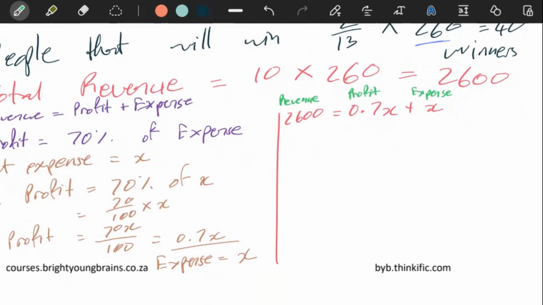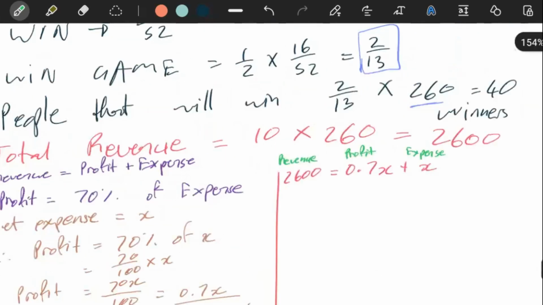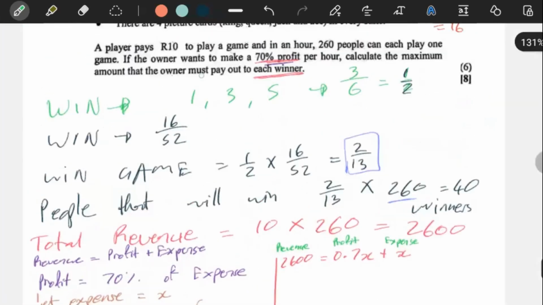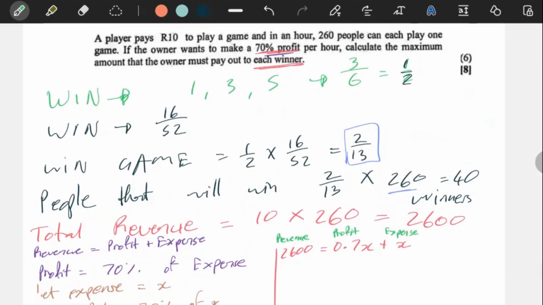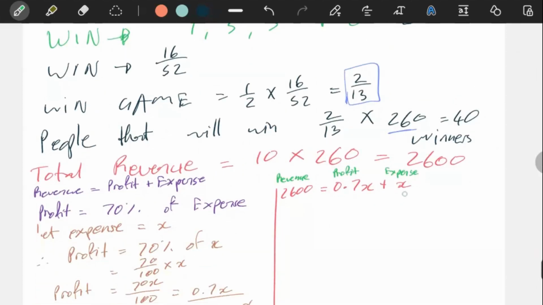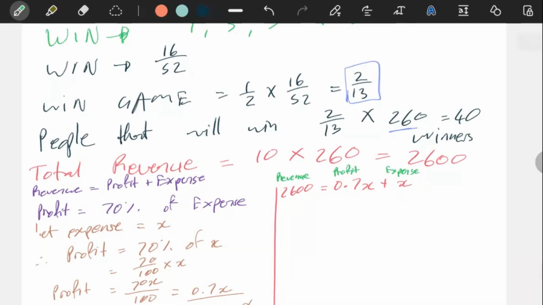So this being done, let's see the question again, right? They said the owner wants to make 70% profit per hour. Calculate the maximum amount that the owner must pay to each winner. So the expense is the money that he has to pay to the winners, technically.